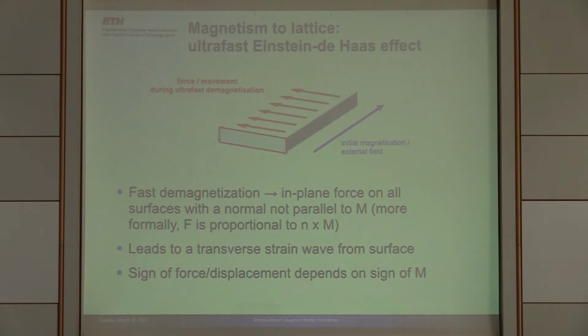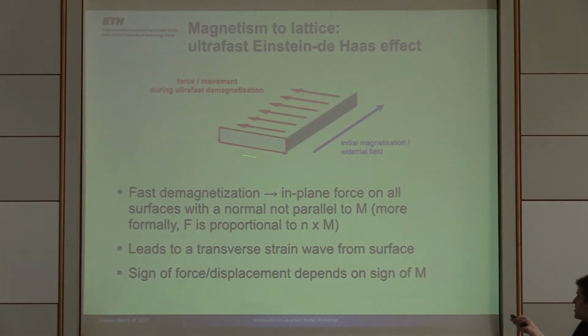All right, so the point is that if you do this demagnetization on a time scale that's very fast compared with transverse phonon periods, what that looks like is an in-plane force on all surfaces that have a normal that is not parallel to M. So if n is your normal and m is your magnetization vector, if you have an n cross m that's not equal to 0, that gives rise to a force, and that force is going to be transverse to n because it's a cross product.